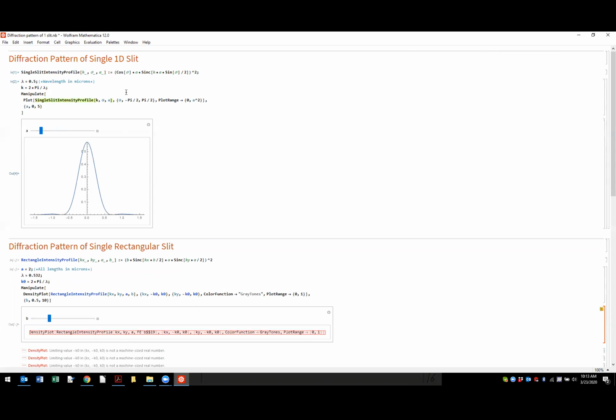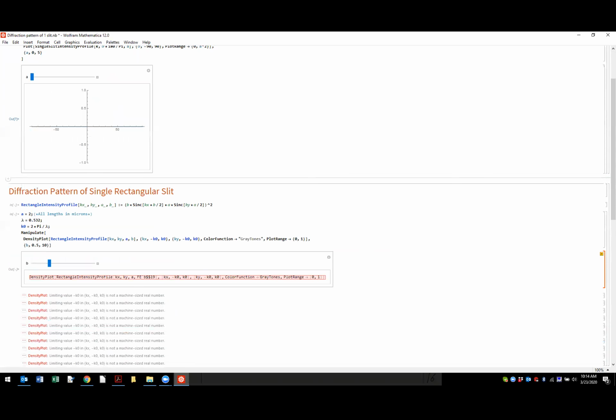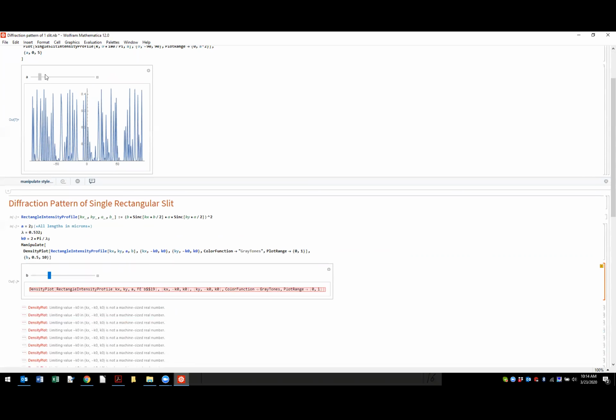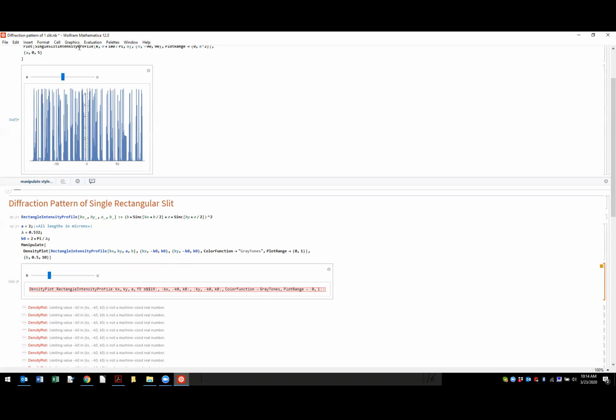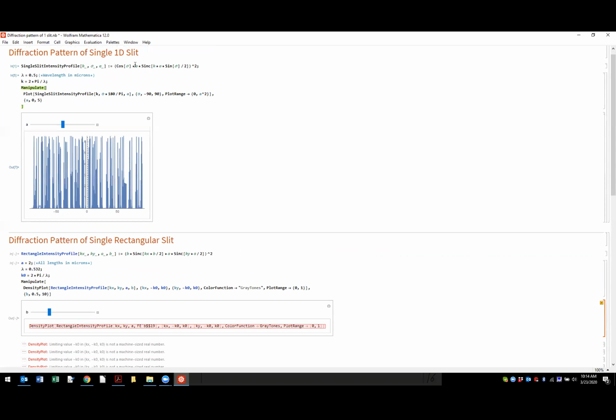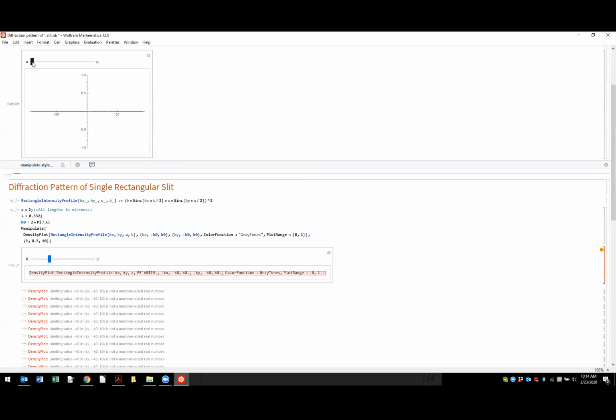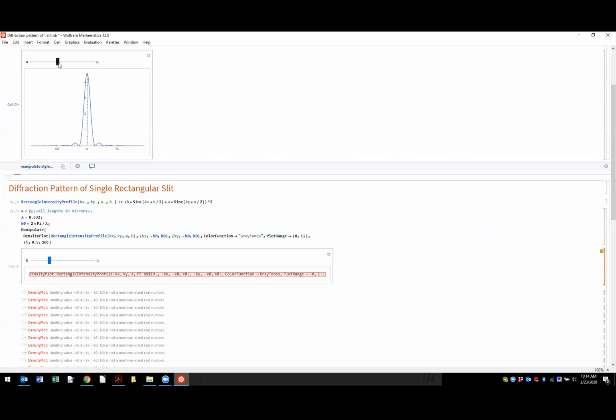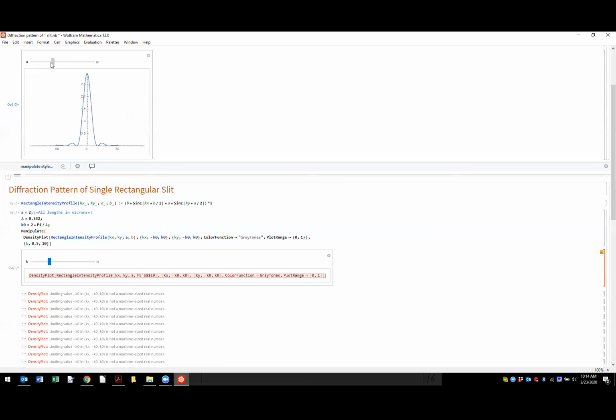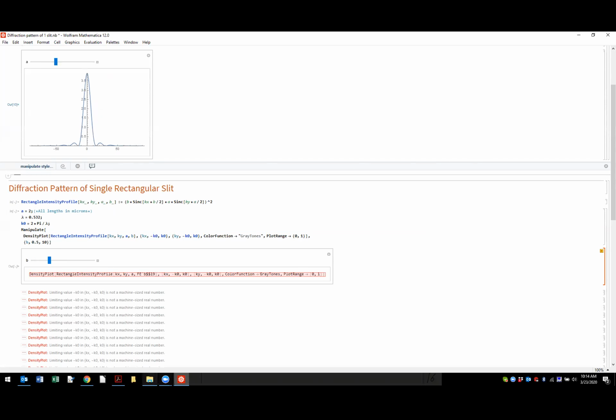And maybe I should change this so that I'm doing it in degrees instead of radians. I know that you have more intuition for degrees than radians. Oh, because I multiplied, but I did my conversion wrong. All right, so you can see how it spreads out over that range.